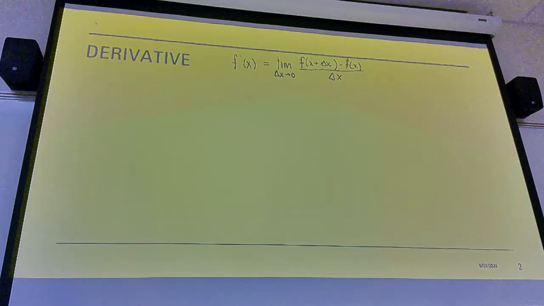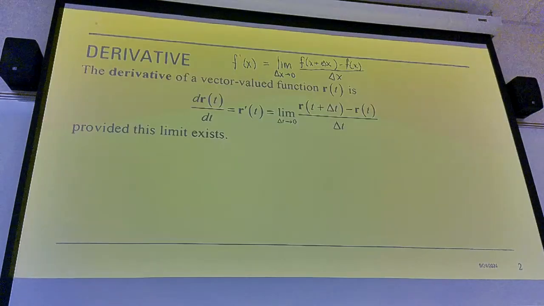The definition is the exact same thing, but f of x is replaced with r of t. The limit as delta t approaches 0 of r of t plus delta t minus r of t, all over delta t, provided the limit exists.